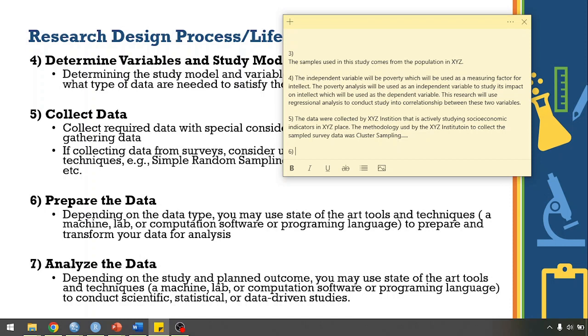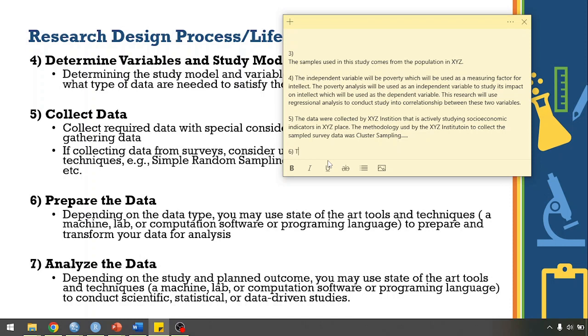So each dataset will have to be prepared and transformed. If you're a doctor and it's a blood sample or any other physical test, then of course the samples will be processed at a lab or with pharmaceutical machinery. But if it's data and statistical material, then you're looking at computation software or a programming language.